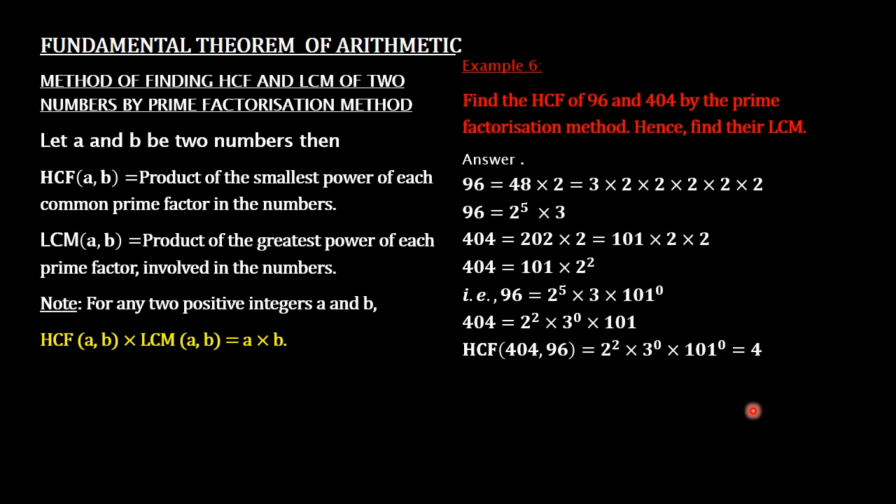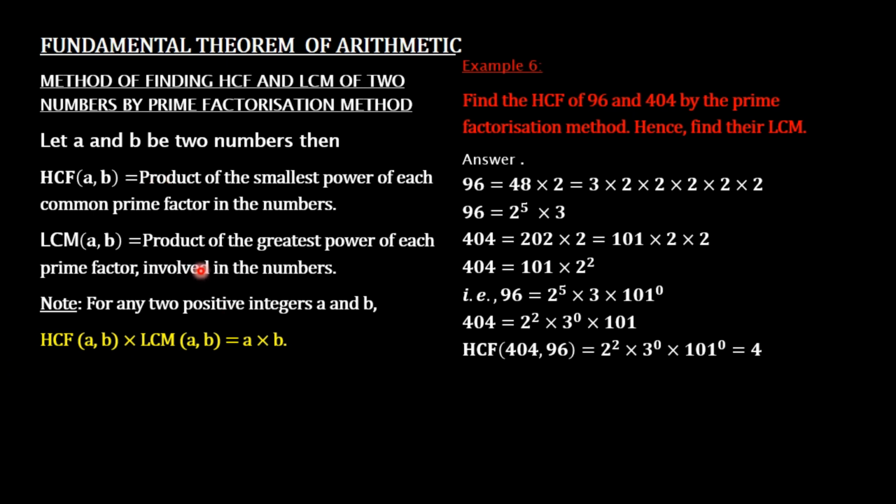So next we have to find our LCM. How can we find our LCM? We can compare the product of the greatest power of each prime factor involved in these numbers, but we are not going to do that method. We are going to do it by this method. Why are we adopting this method?